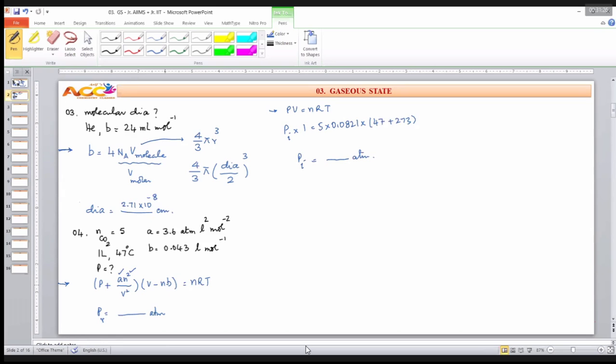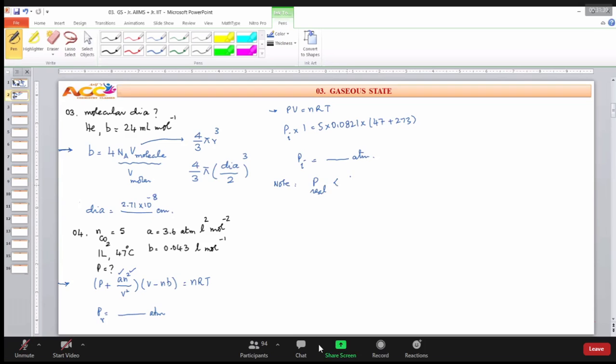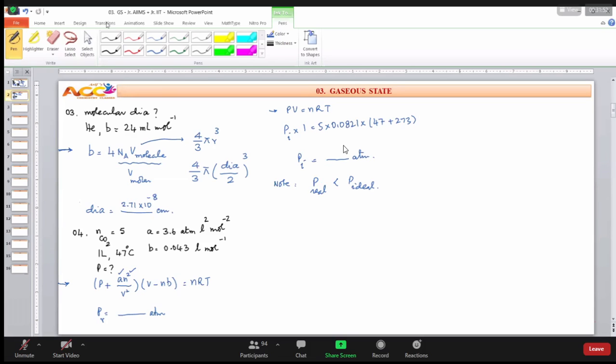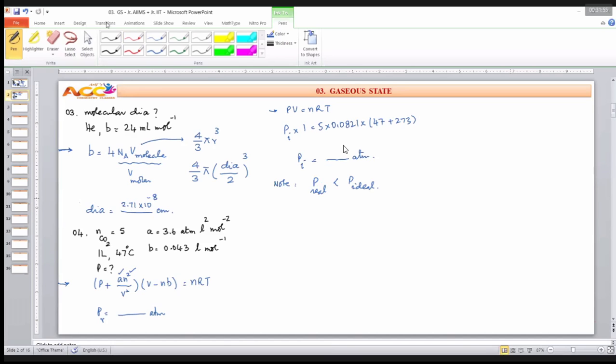What we have said in earlier classes, note, we have said in our classes, the pressure of real gases is always less than the pressure of ideal gas. Go ahead.